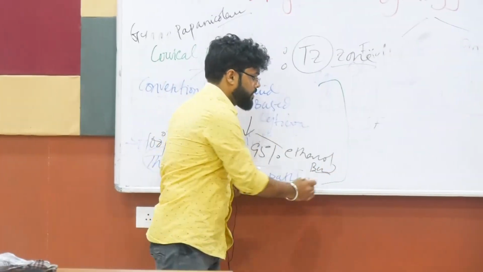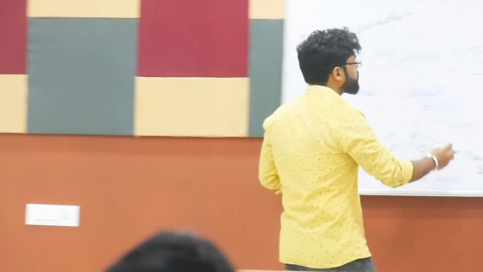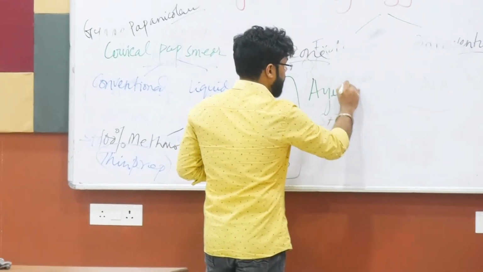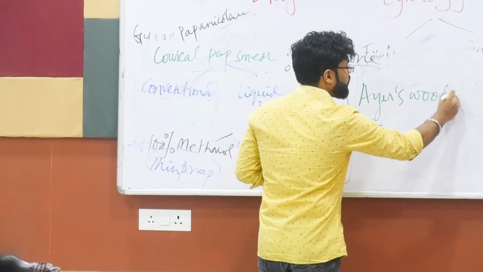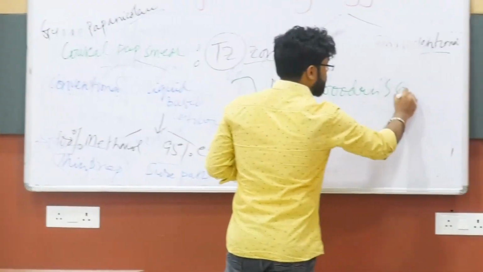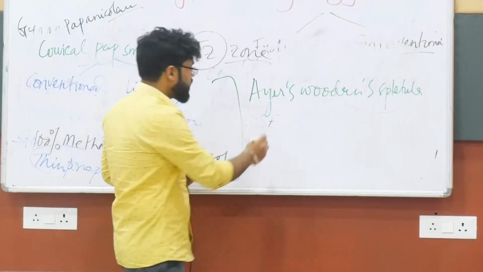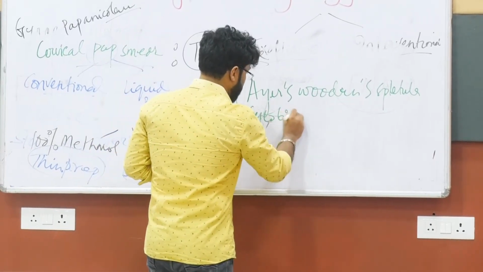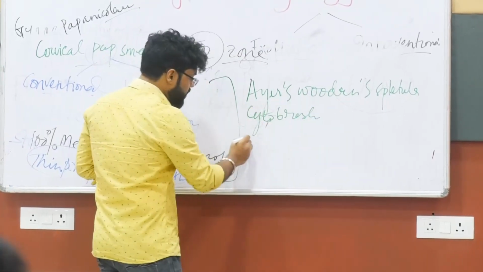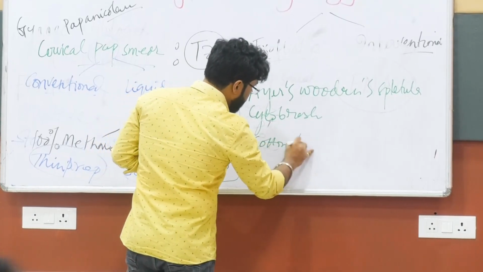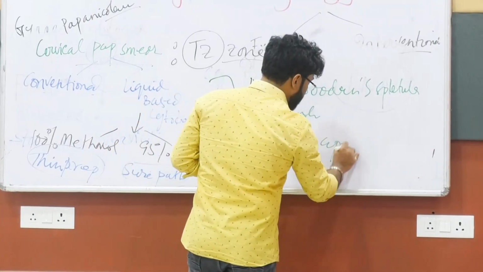Okay, how is the sample collected? What do we use for sample collection? One is air spatula, wooden spatula. Another is cytobrush. Another is cotton tip applicator.